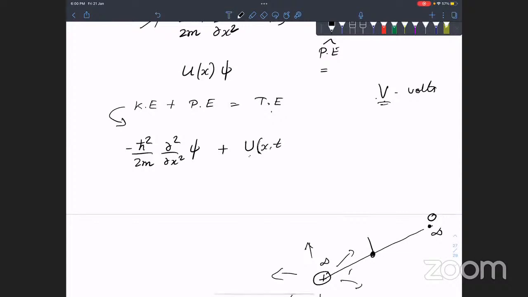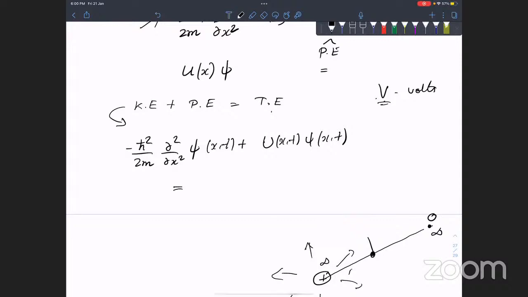And this is going to be a function of x and time. This wave function is going to be a function of x and time. Let me add that. Okay, we need to add that. So psi of x and time, plus U of x and time multiplied by psi of x and time. So when I do this, I must get the total energy, right?